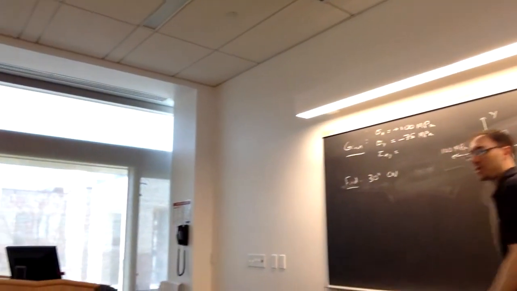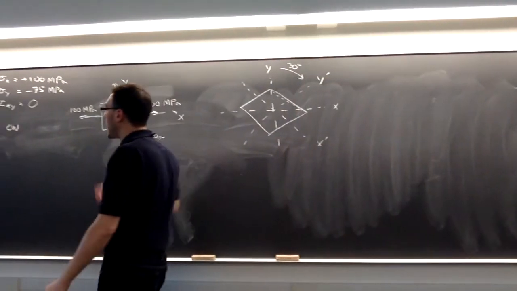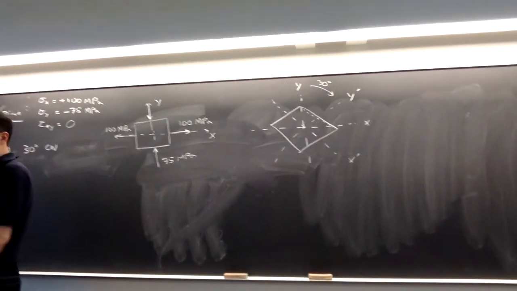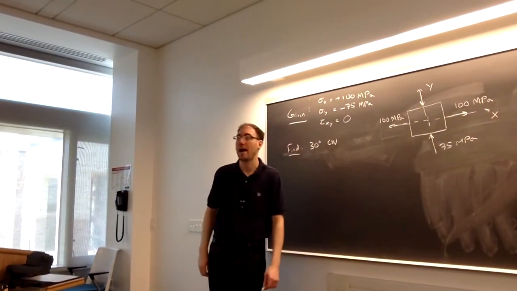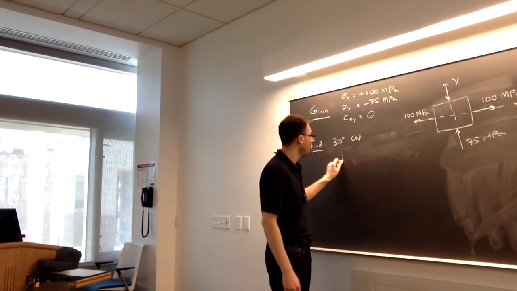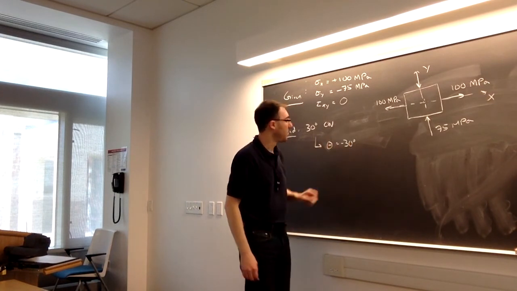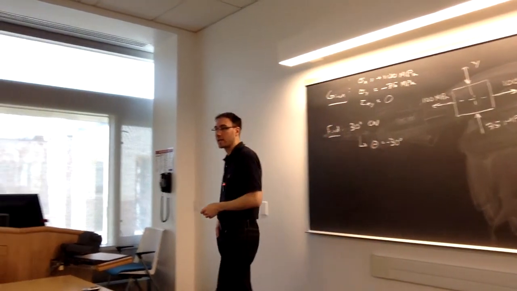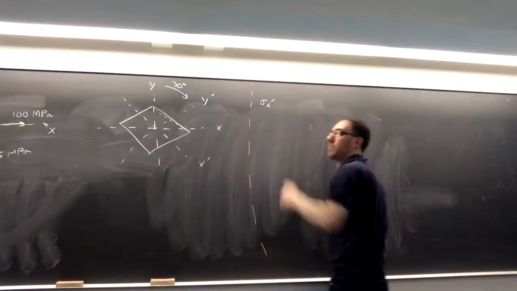And then the shear stress in the original orientation. All right, so we have all the information we need, the original stress state for our plane stress condition. We want to see what stresses are acting on it when we rotate it 30 degrees clockwise. So this means our theta value is going to be a negative 30 degrees. Again, clockwise will be a negative, counterclockwise will be positive.